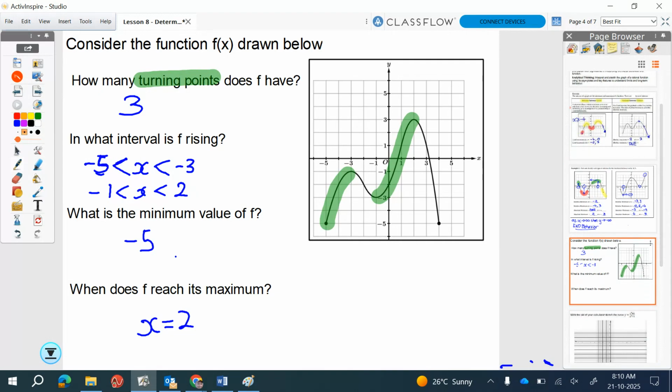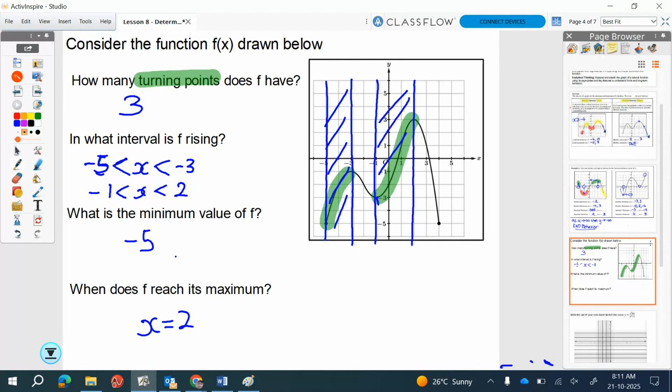And what interval is that for? For the second one, where you put -1, why didn't it start from -3? Because the interval where the function is rising is this bit of the graph and this bit of the graph.